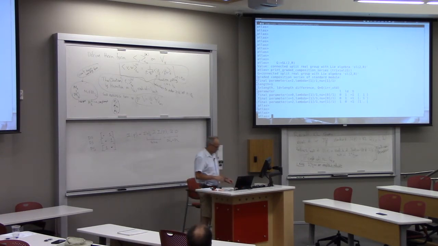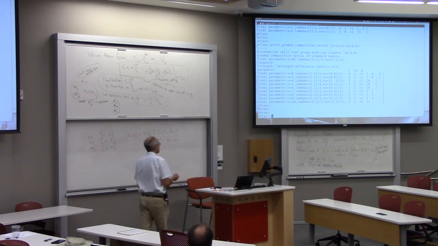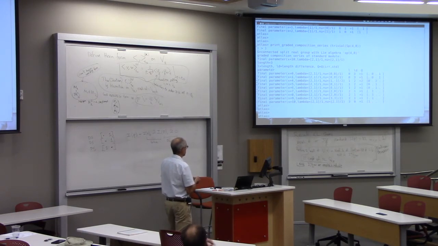So let me do another example. So here, this says that the top level is this representation of length 0, and then there are 3 representations which occur at length 1, and then there are 3 more representations which occur at length 2, and this one has multiplicity 2, and then 2 more which occur at level 3 of the Jantzen filtration.